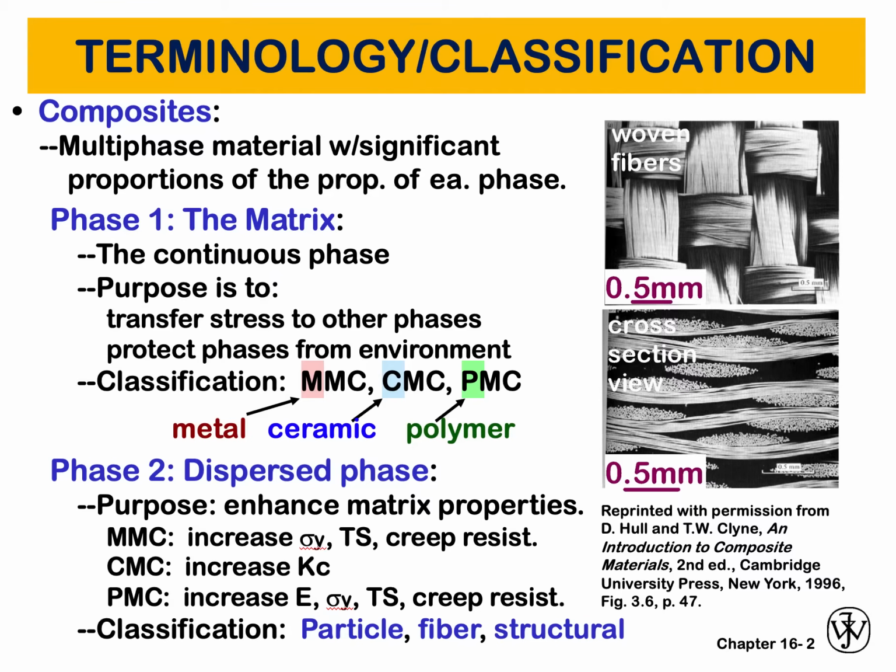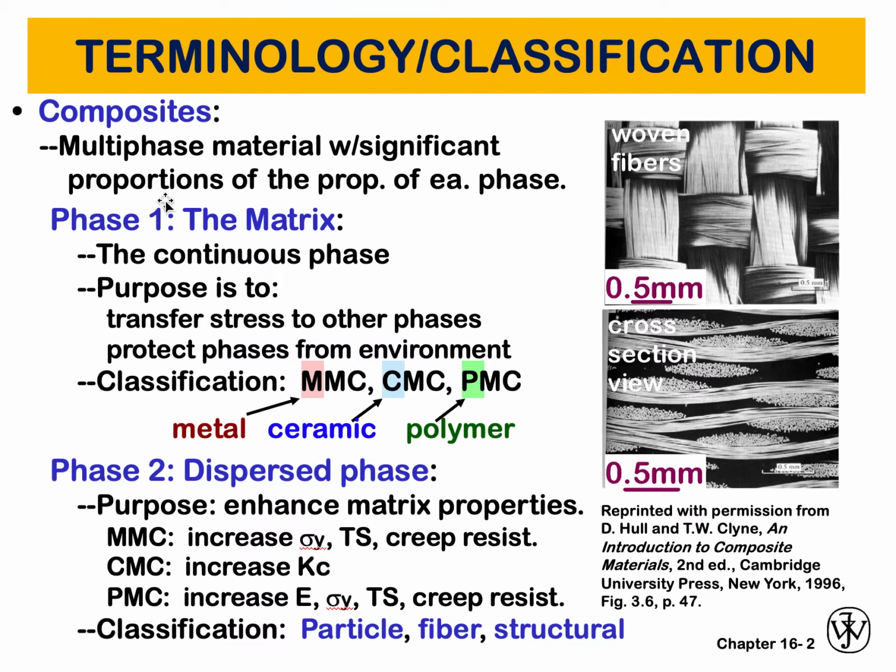The first one is called the matrix, this one here, and the other one is called the dispersed phase. These two phases are what make the composite. So we're taking the simplest structure, a composite of only two phases.